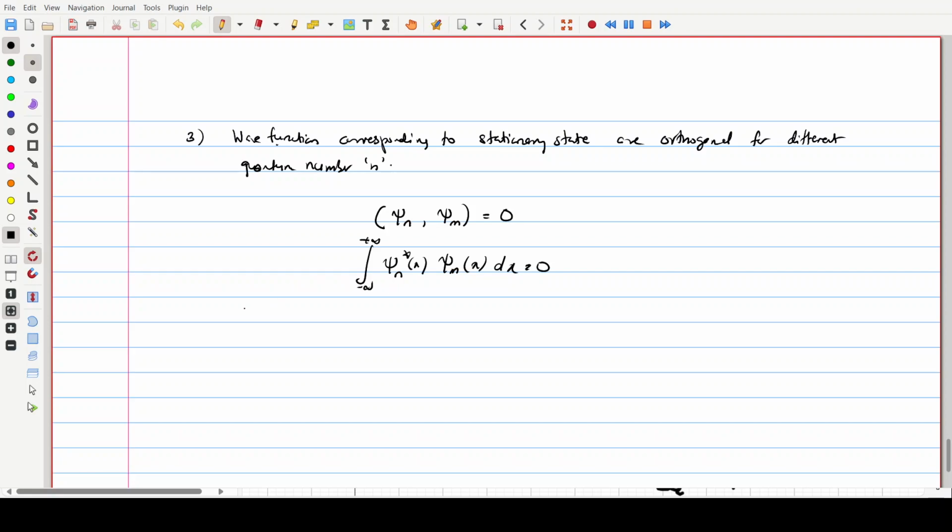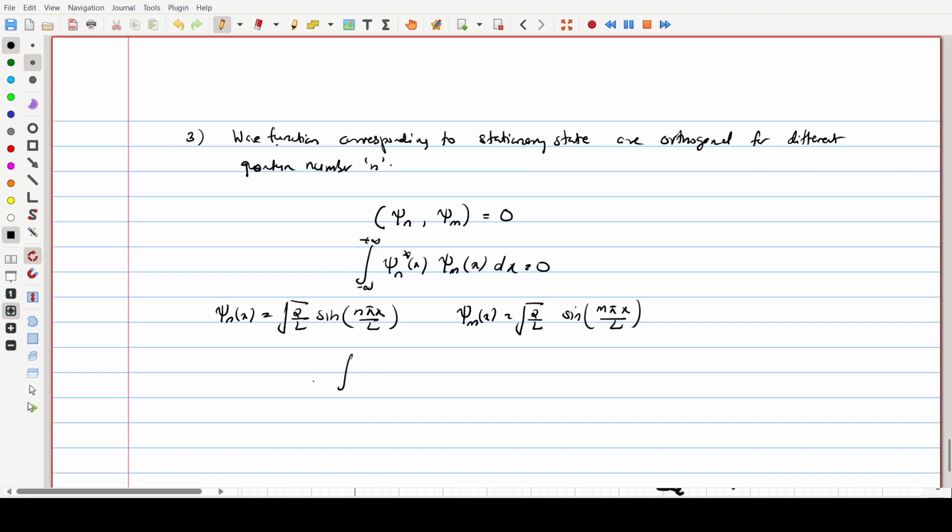So this we can check because we already know the expression for psi n is root 2 by L sine n pi x by L. Similarly, psi m would also be real, root 2 by L sine, instead of n just use m, that's all.